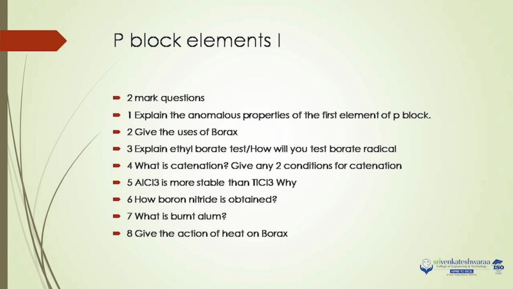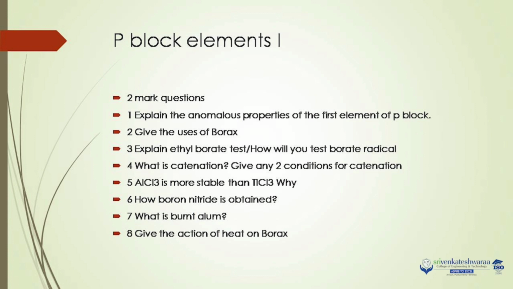You see the case of nitrogen. Nitrogen is a gas, whereas others are solids or semi-solids. It is different from other elements. We know nitrogen is triple bonded, whereas phosphorus is single bonded.